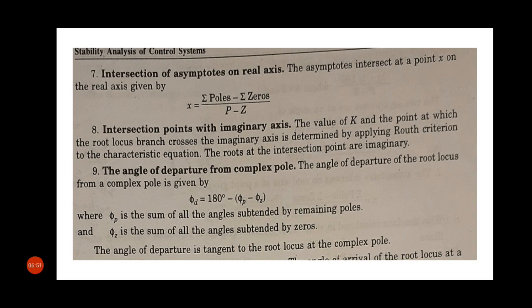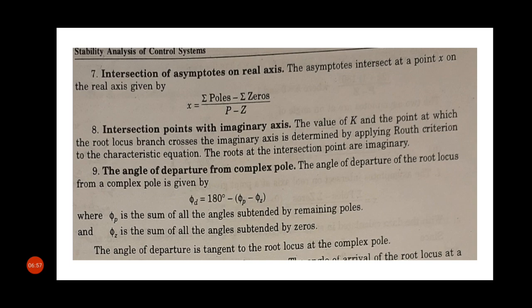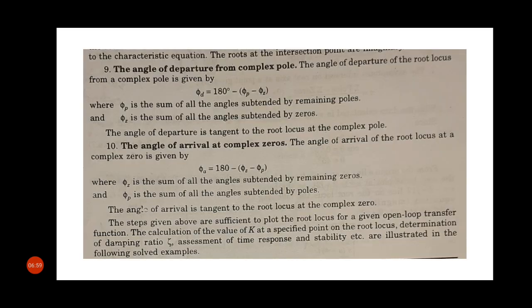Now see the 10th point. The 10th point is the angle of arrival at complex zeros.